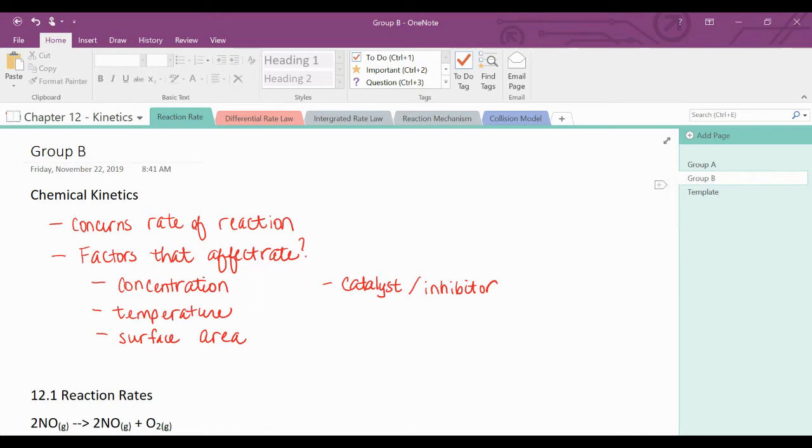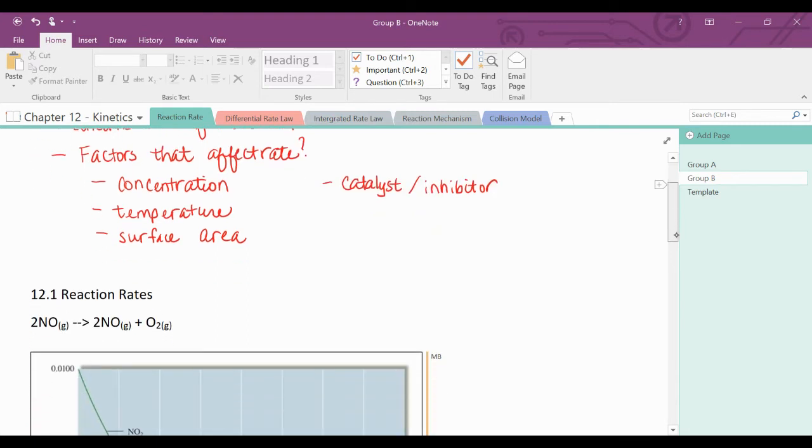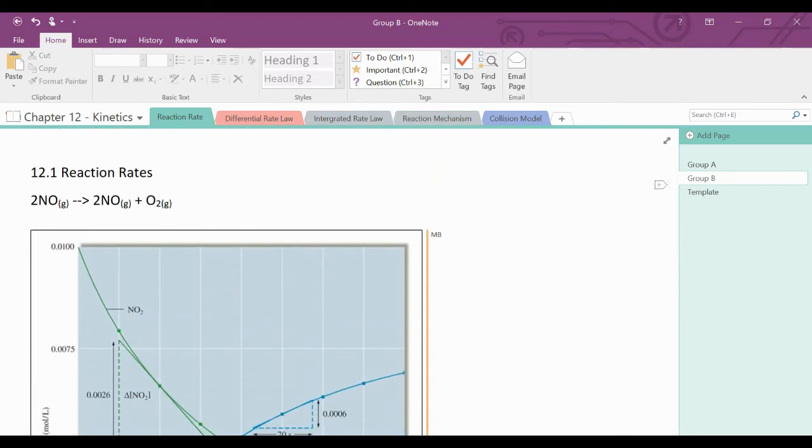All right, so let's look at the content that's in section 1. We're going to talk about reaction rates. And what we're looking at here is the time for change.